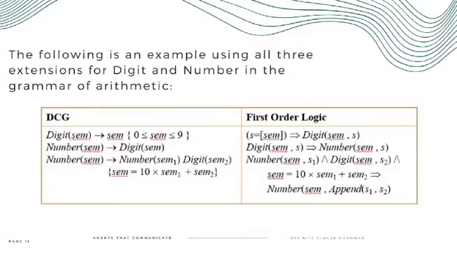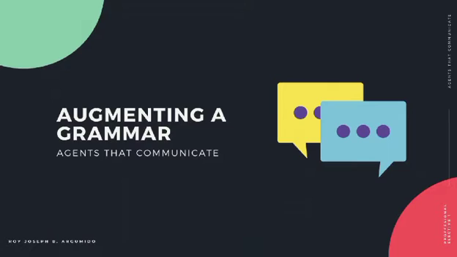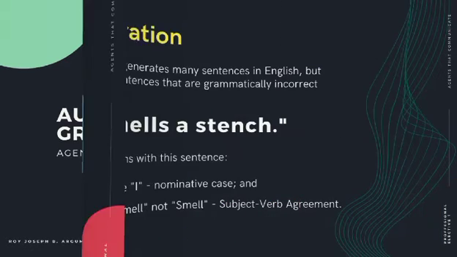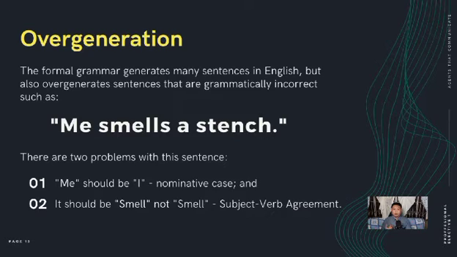Okay, the next topic is augmenting a grammar. It is also in the same topic, the agents that communicate. The simple grammar generates many sentences of English, but it also overgenerates, meaning it generates sentences that are not grammatical.